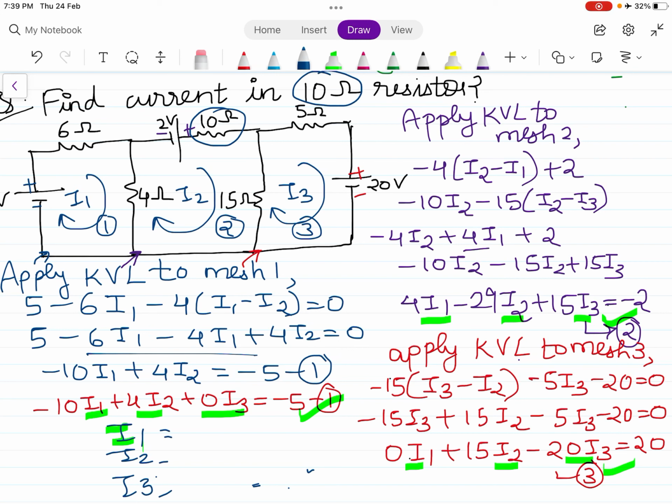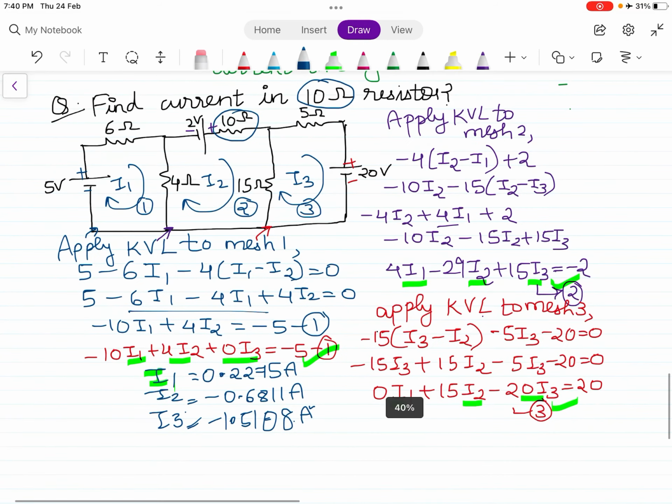So let's see. 0.2275 ampere, minus 0.6811 ampere and minus 1.5108 ampere.